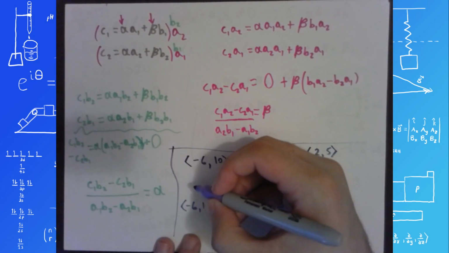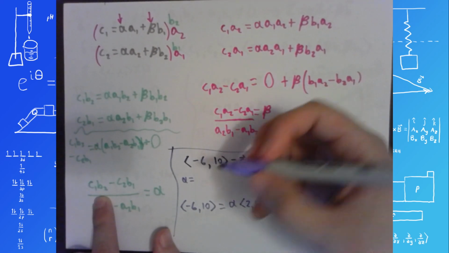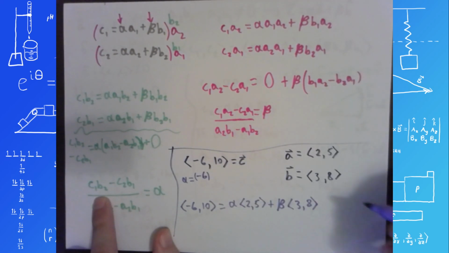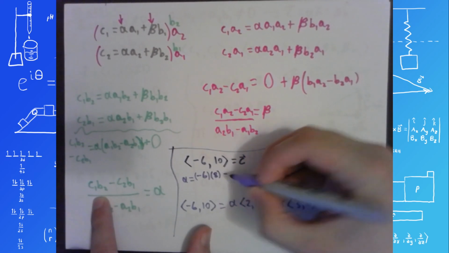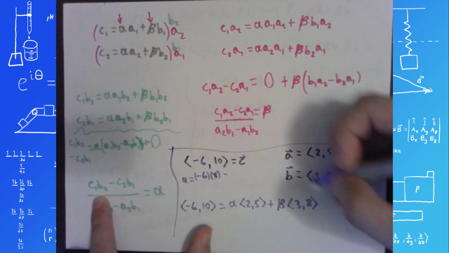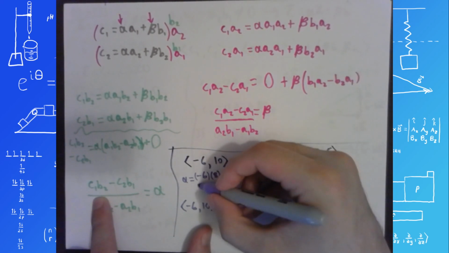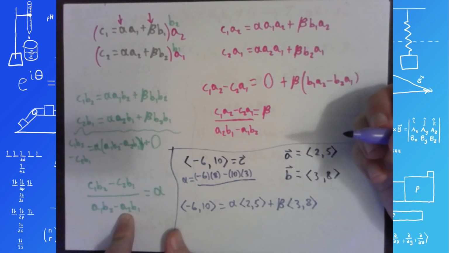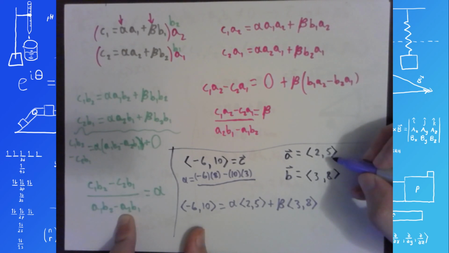Alpha is going to be, let's see, C1, B2, so negative 6 times B2, that would be 8, minus C2, B1, so 10 times 3, over A1, B2 minus A2, B1. A1, B2, so that's 2 times 8, minus A2, B1, 5 times 3. 2 times 8 minus 5 times 3.